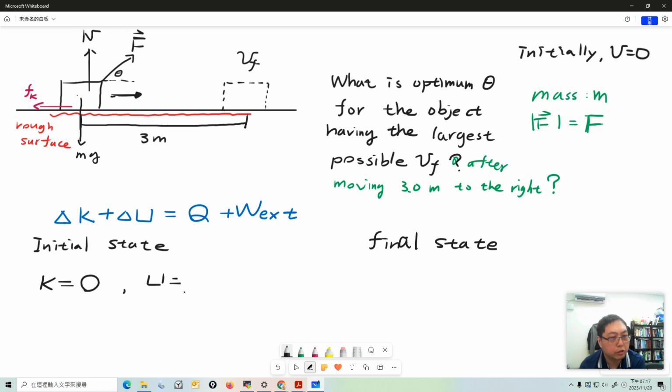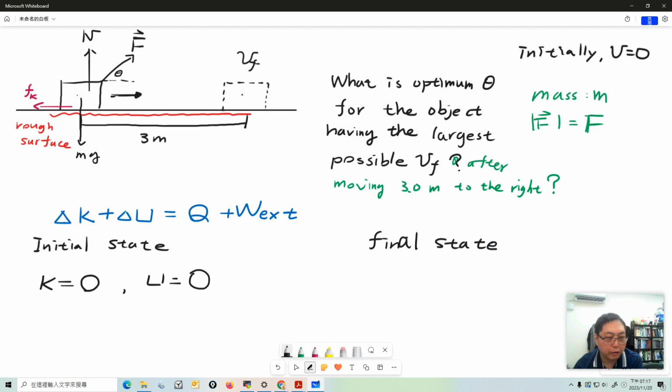For this problem, we assume it's moving in a horizontal direction, so there won't be a height change. So the potential energy change must be zero. It's moving on the same horizontal level, so we can treat the potential energy as zero. And there is no spring in the system, so elastic potential energy is also zero. So the initial state potential energy is zero.